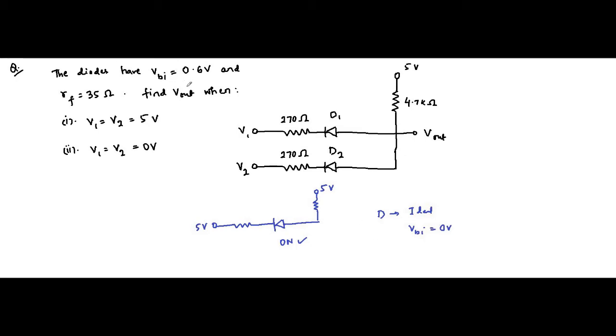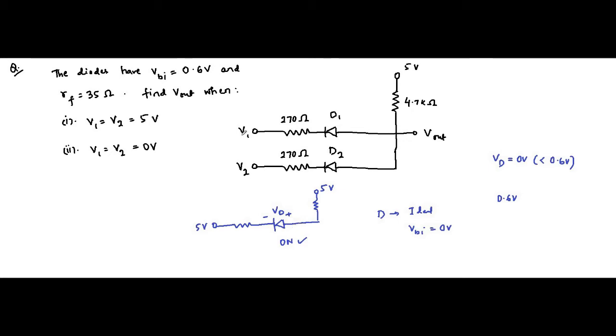But here we have been given that the built-in potential is 0.6 volt. So if we apply KVL in this closed loop, then VD, the voltage across the diode, would be 0 volt, which is obviously lesser than the built-in potential of 0.6 volt. So it will never be enough to forward bias the diode.